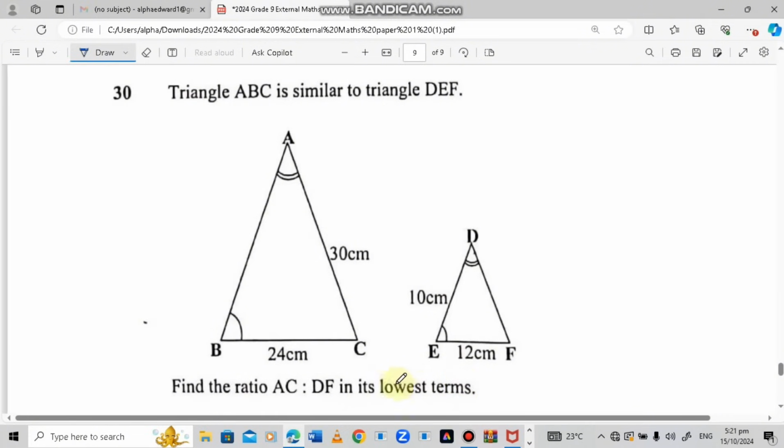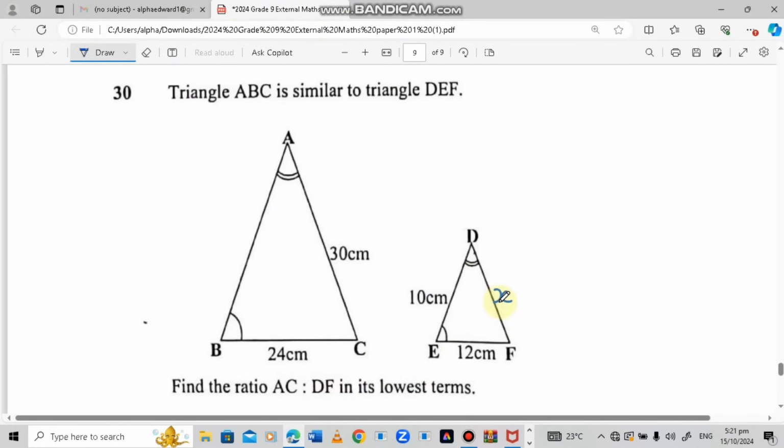So they want us to find the ratio of AC to DF. We know that we have the side AC as 30, but we don't have the side DF, so we're going to call this side X. To find this ratio, first of all, we need to find this one.